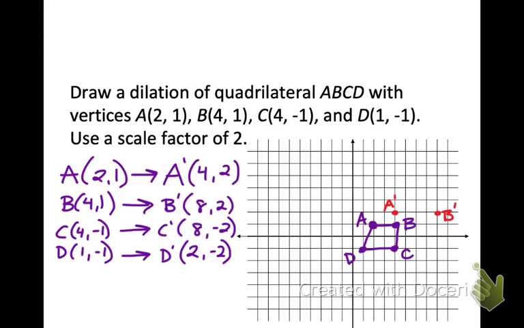Label that B prime. C is at 8, -2. Label that C prime. And D is at 2, -2. Label that D prime, and then connect. Done. Dilations. Questions? Not too crazy? I hope.